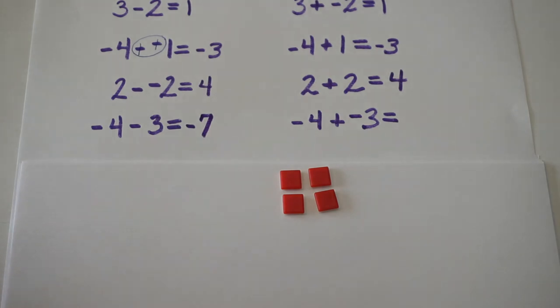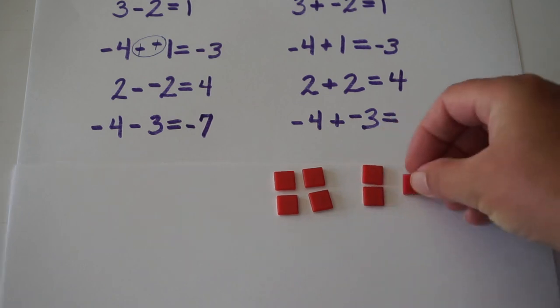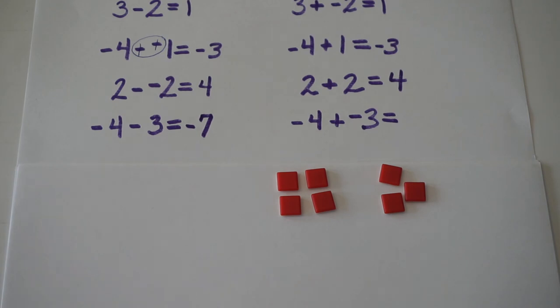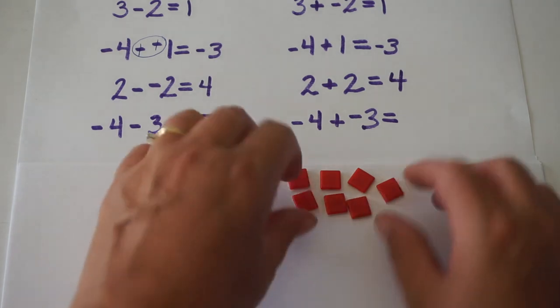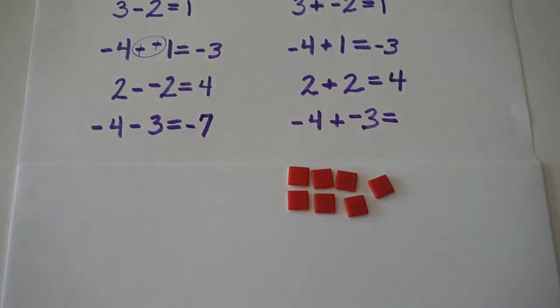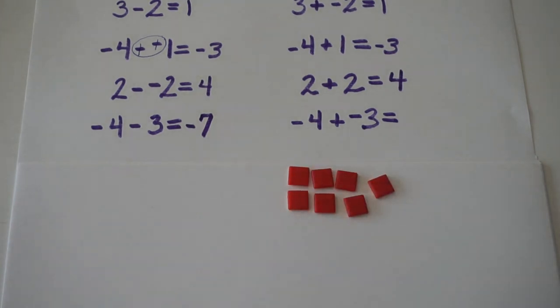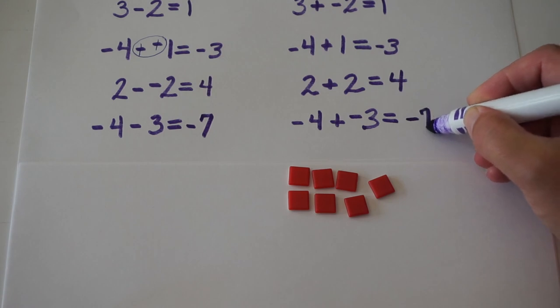That's our first addend. And then we create a set of -3. So here's the -4, here's the -3. Addition is pushed together. So I push these 2 sets together. And I count up the result. I have 1, 2, 3, 4, 5, 6, 7. So -4 plus -3 is also -7.